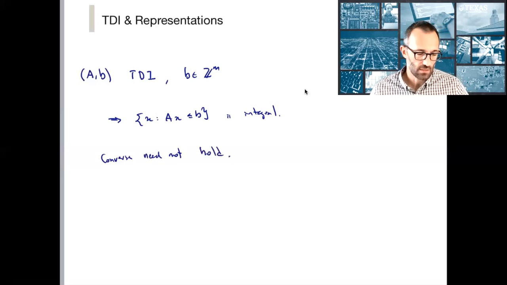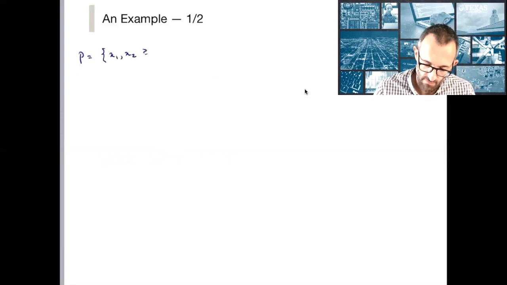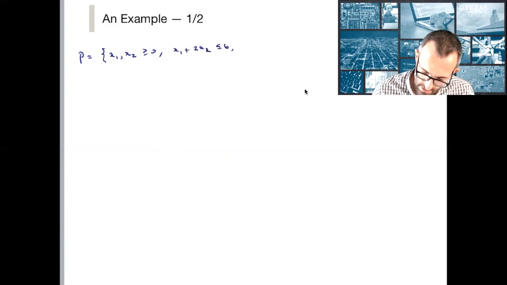So let's look at that example that we've mentioned before. P is equal to the intersection with the non-negative orthant of the constraints x1 + 2x2 ≤ 6 and 2x1 + x2 ≤ 6.